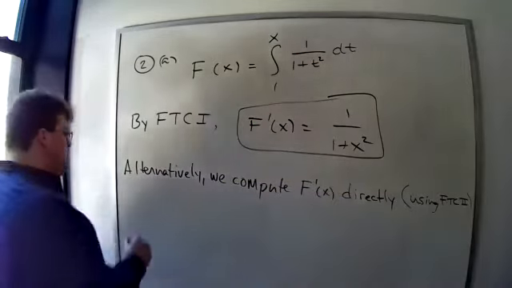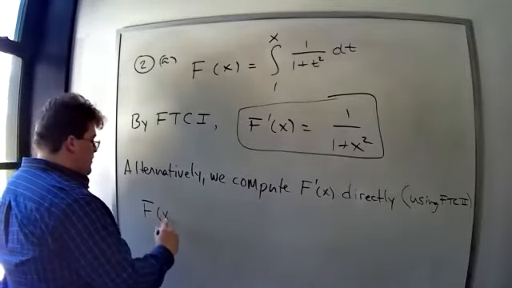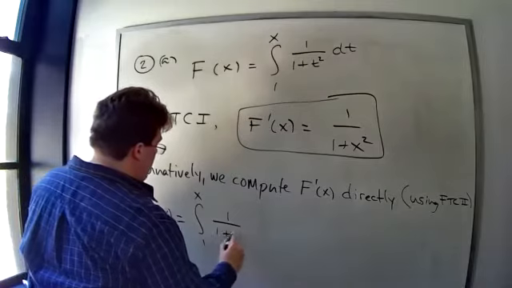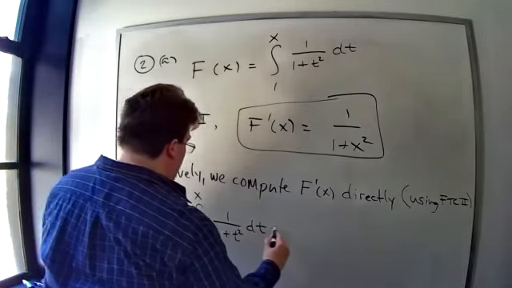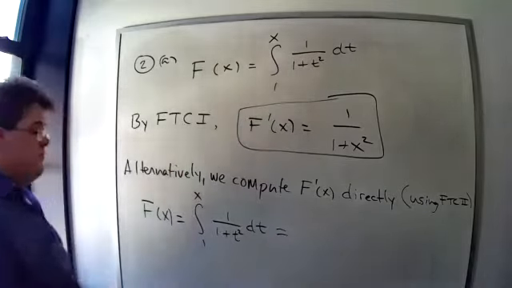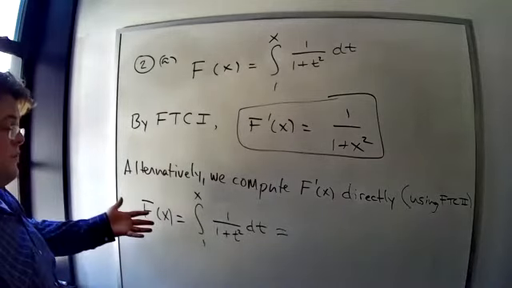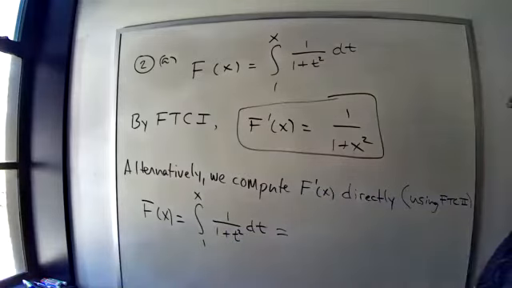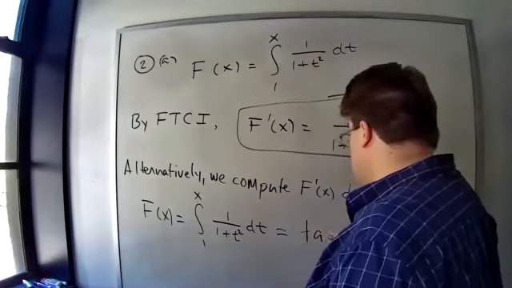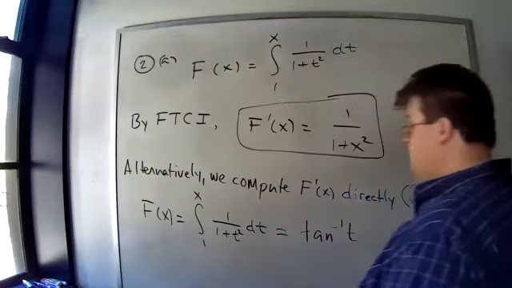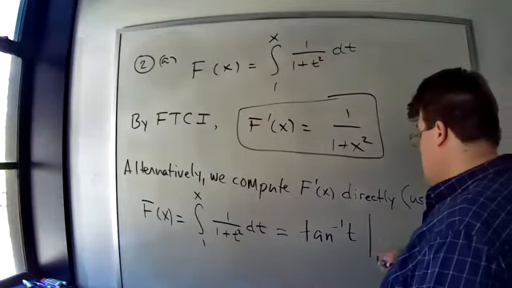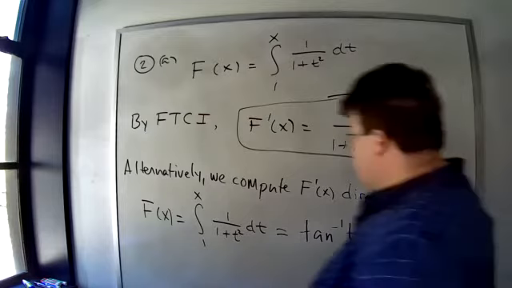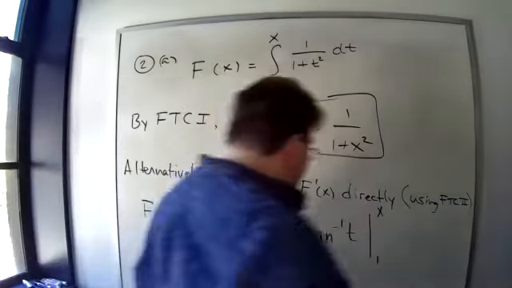What do I mean by this? Well, we can figure out this definite integral. Because the integrand, 1 over 1 plus t squared, one of our rules applies to that. The inverse tangent of t. And we evaluate from 1 to x. What do we get when we evaluate from 1 to x?